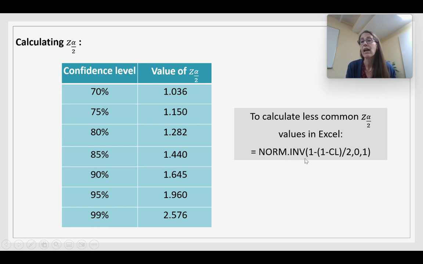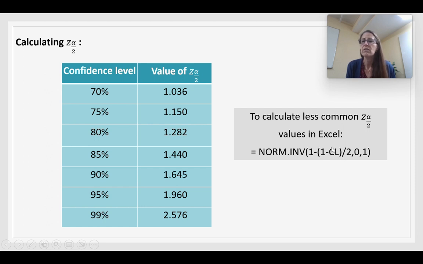So it's the norm.inv formula that gives us the value that corresponds to a certain percentage. And so in this case, we're getting a z-score out of it because we're using the standard normal distribution, so a mean of 0 and a standard deviation of 1. And this looks a little complicated, 1 minus the confidence level divided by 2.